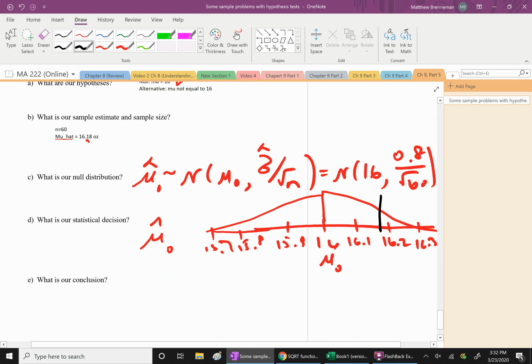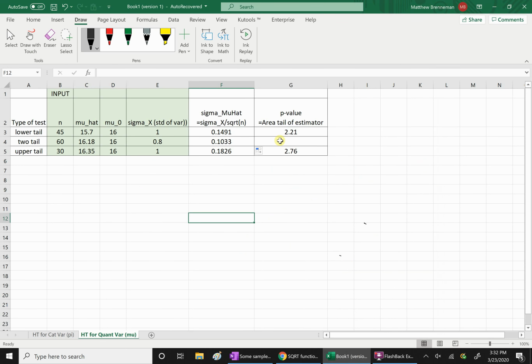Since we're doing a two-tailed test, we're going to compute the area in this tail and then the area on the opposite side, the same distance away. So our p-value is going to be twice the area in the tail of our test statistic. So let's go ahead and do that. We have to be a little careful here, because our estimator is above the mean, so we're going to have to use 1 minus norm dist.